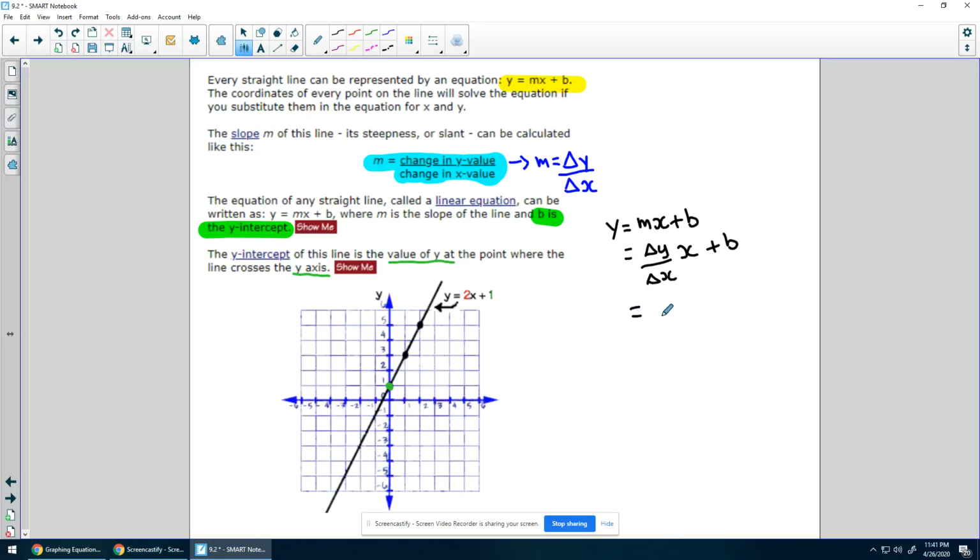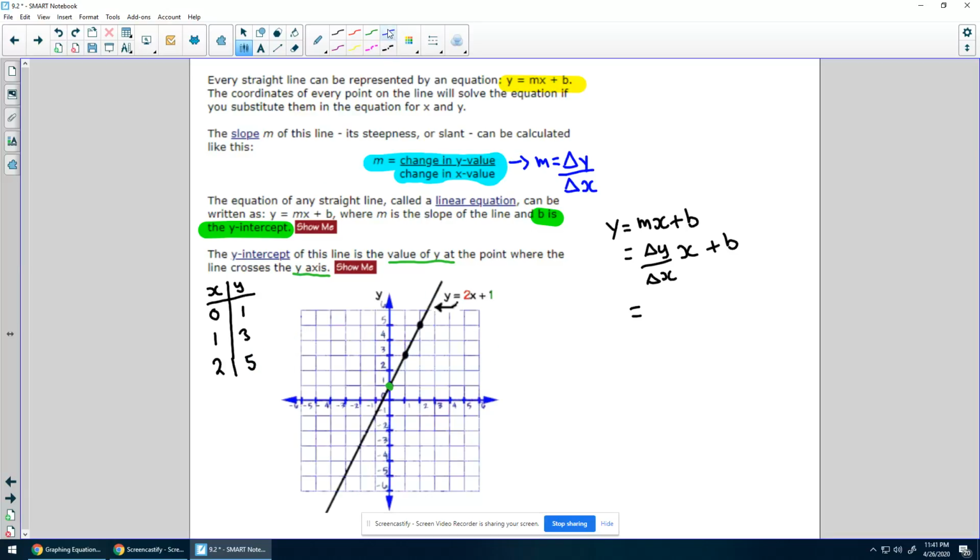So looking at this, the change in y, let's make a table here. X, y. First point, x is 0, y is 1. Second point, x is 1, y is 3. And our last point is x is 2, y is 5.